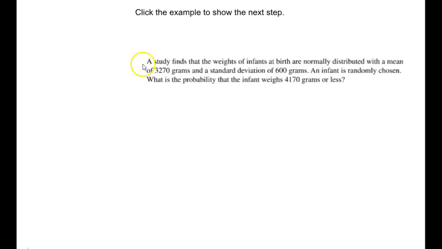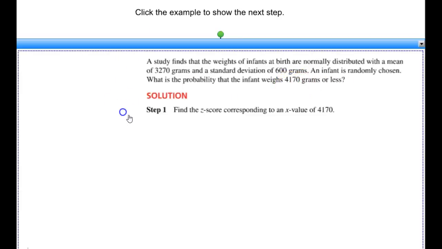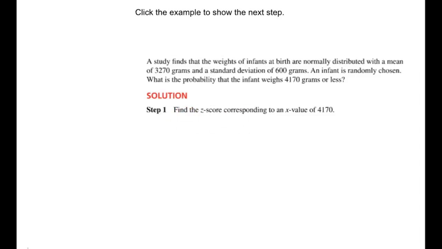So here's our example. A study finds that the weights of infants at birth are normally distributed with a mean of 3270 grams and a standard deviation of 600 grams. An infant is randomly chosen. What is the probability that the infant weighs 4170 grams or less? So first I want to find my z-score, and I would first draw my distribution curve.